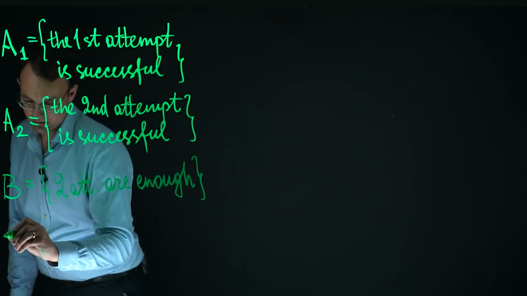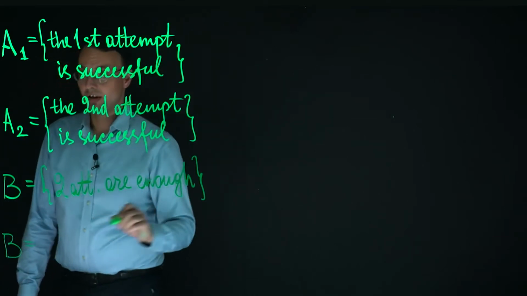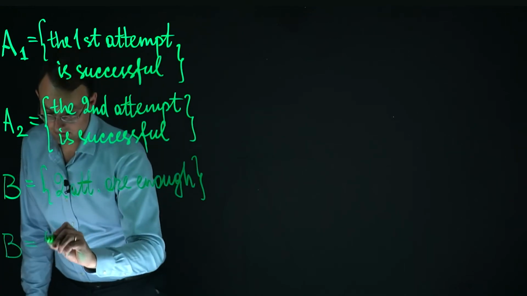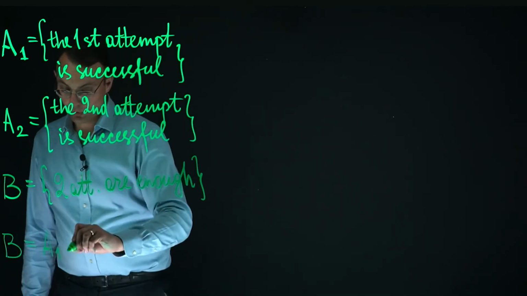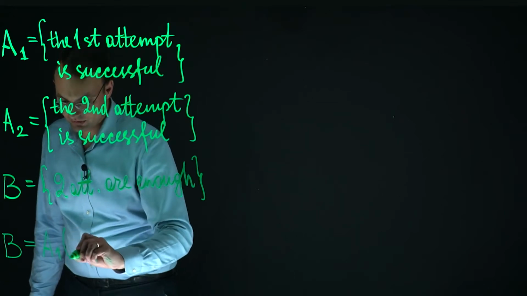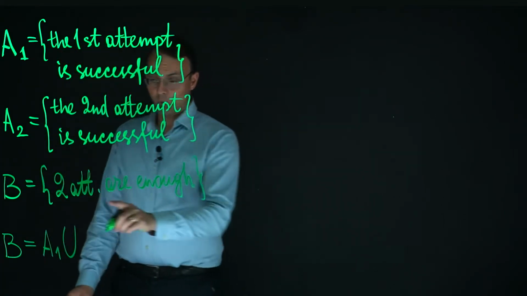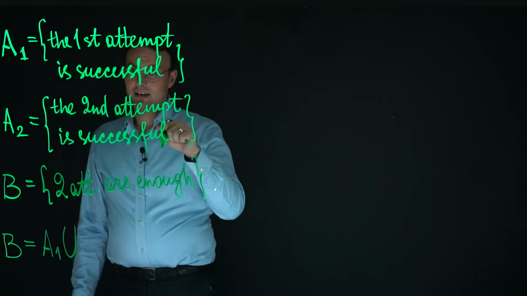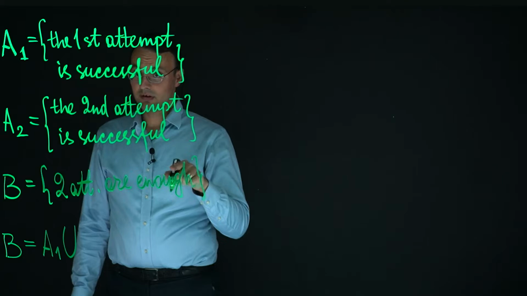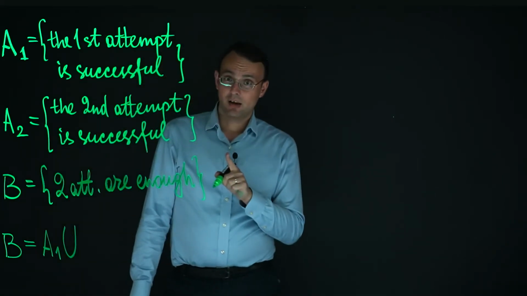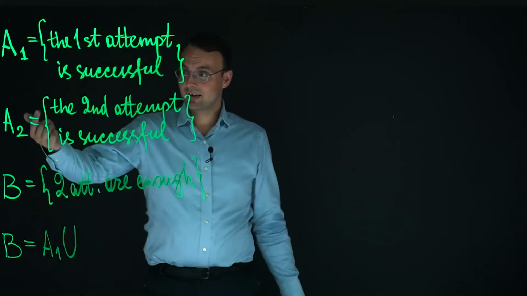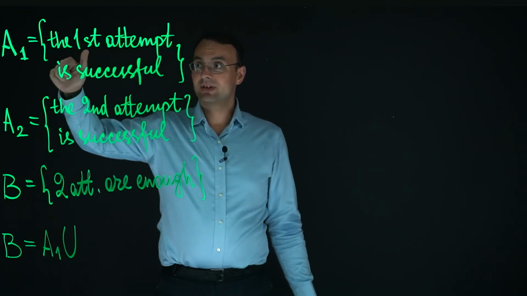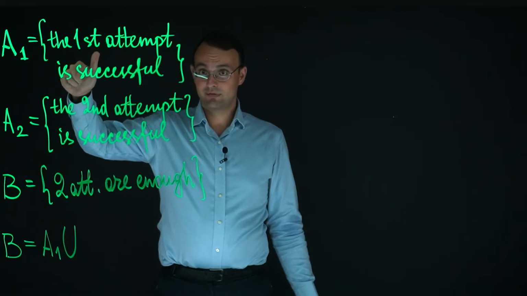So B means either the first attempt is successful, so A1, or means union, or the second attempt is successful, someone may say, but so the second attempt will take place only in case when the first attempt was not successful.